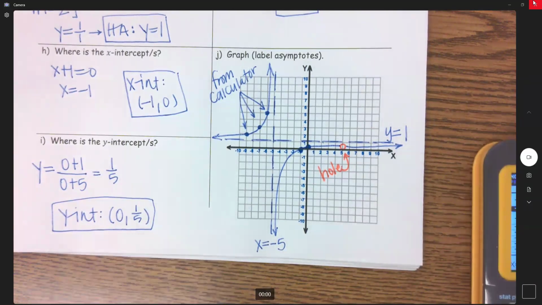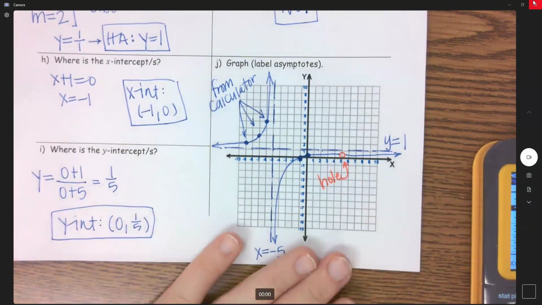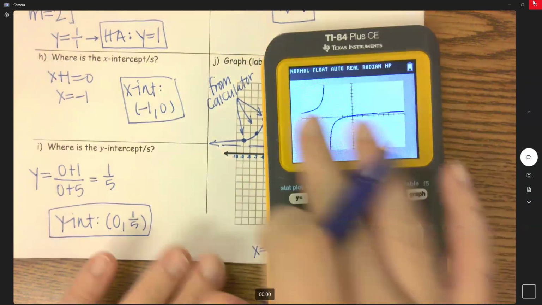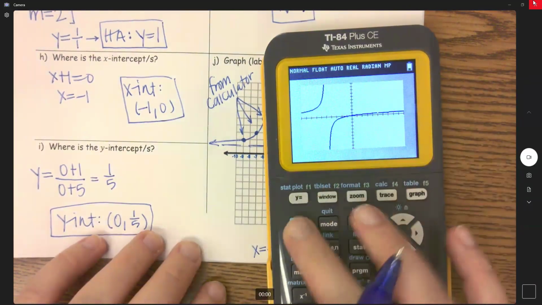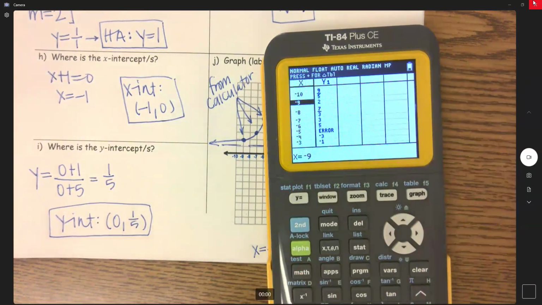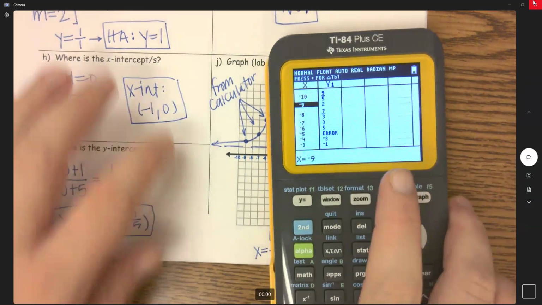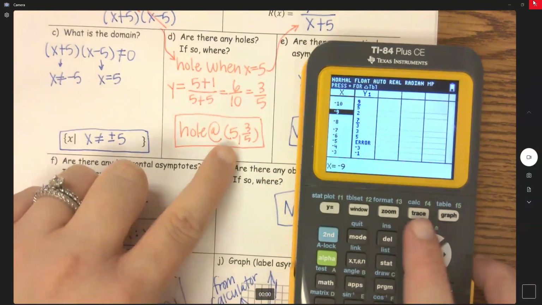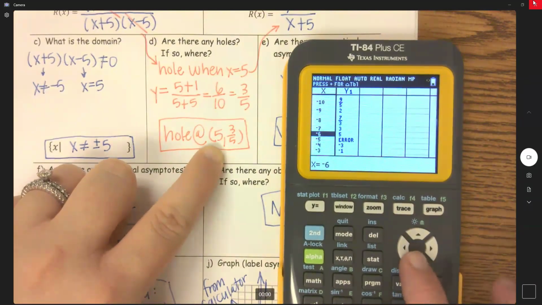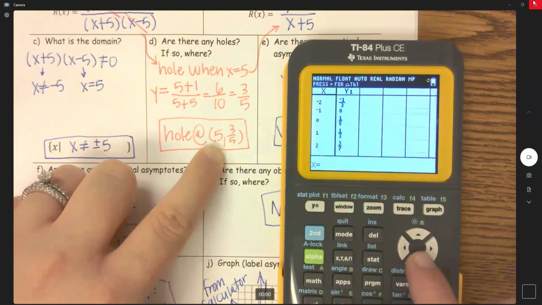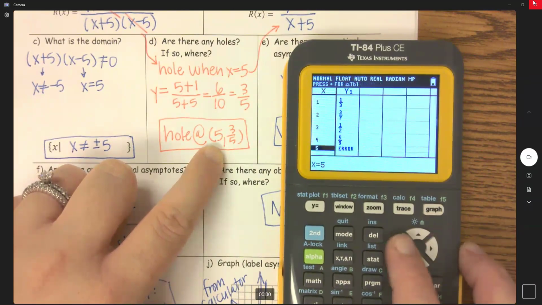Now, before I end this video, I said you can't see this when you're looking at the graph, but you can see a lot of this stuff right here from this table. Okay, I have a hole at 5. If I go to x equals 5, I do get an error because that value doesn't exist.